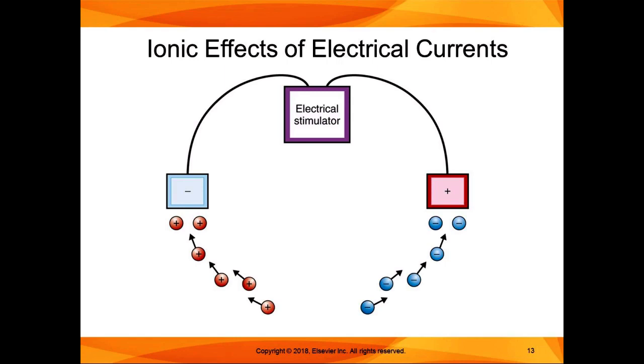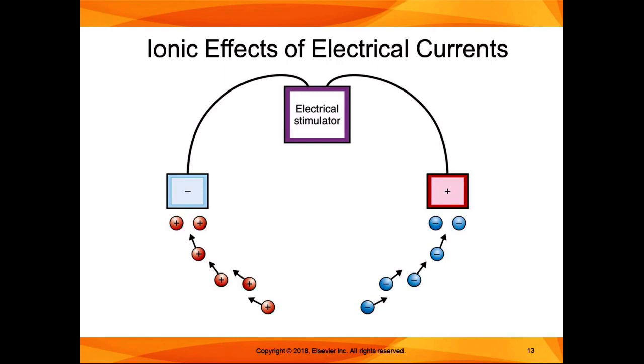When you're using direct current, pulsed monophasic currents, and unbalanced biphasic currents, you actually do get a buildup of charge in the tissues, and that charge can have those ionic effects, where the positive electrode, or the anode, attracts negatively charged ions and repels positively charged ions.